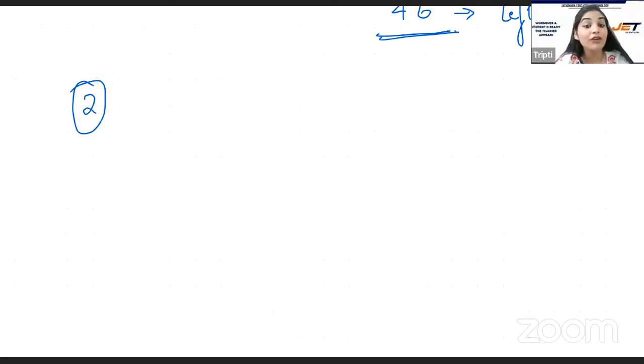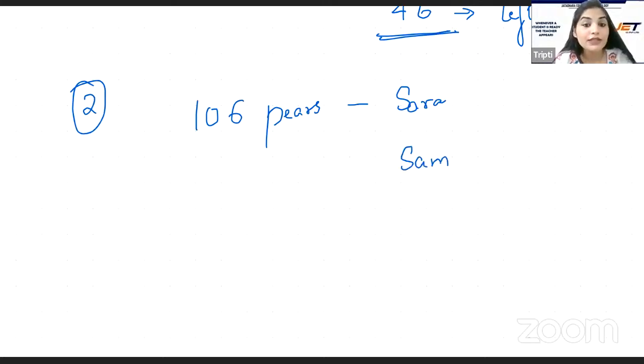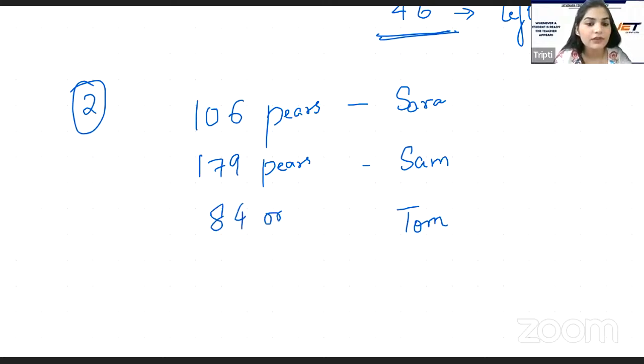Sarah picked 106 pears. This is about Sarah. Okay. Then we have Sam, who picked 179 pears. And then Tom, who picked 84 oranges.